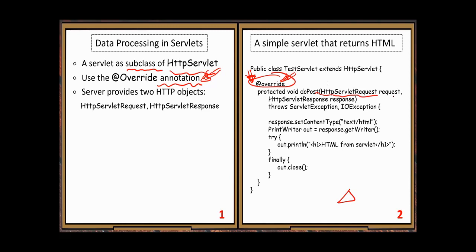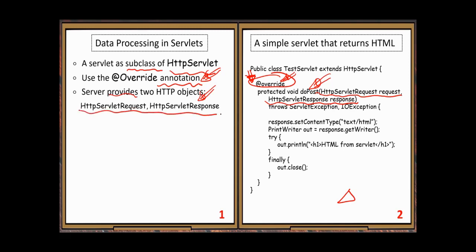These two objects are the two parameters for your method. When this method is created, the server already provides you the basic things you need, these two objects.